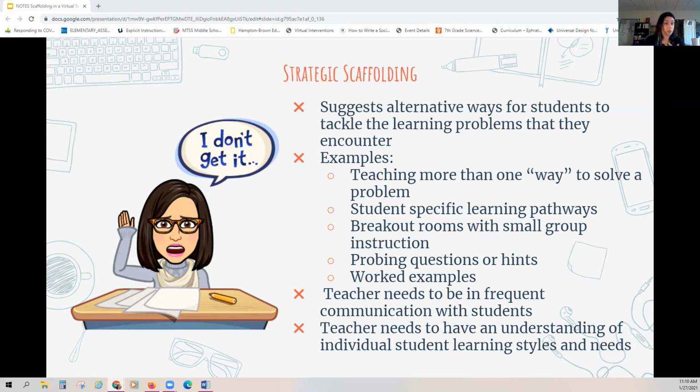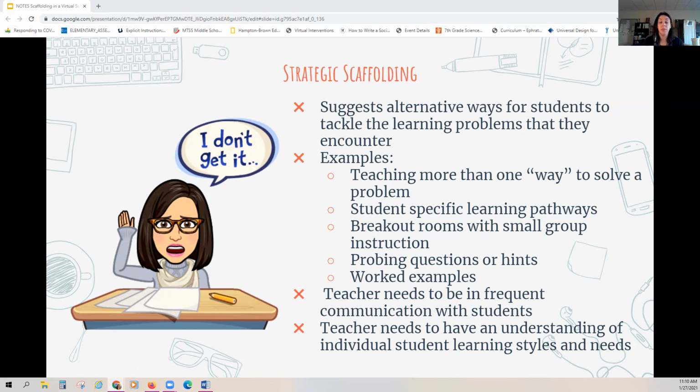So for those of you who are using different platforms, you may be doing a certain math standard, but being able to scaffold it based off of your students' abilities and learning styles. They may tackle that content a little differently based off of what they're doing in that learning platform and assigned pathways. Having small groups in breakout rooms when you're on Zoom, so you can work through some problems together.